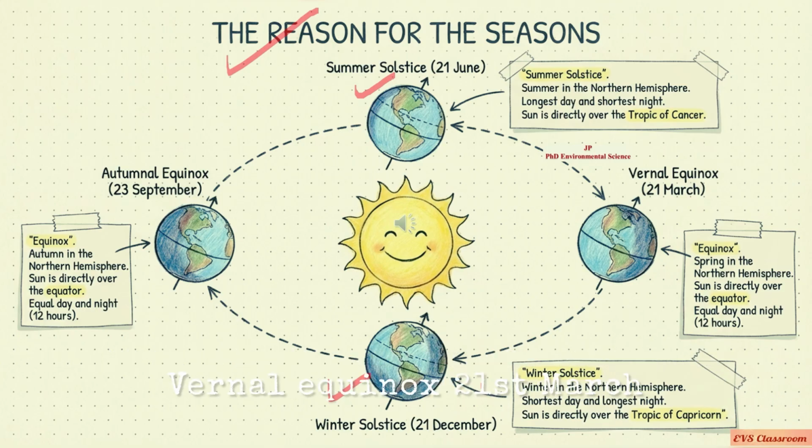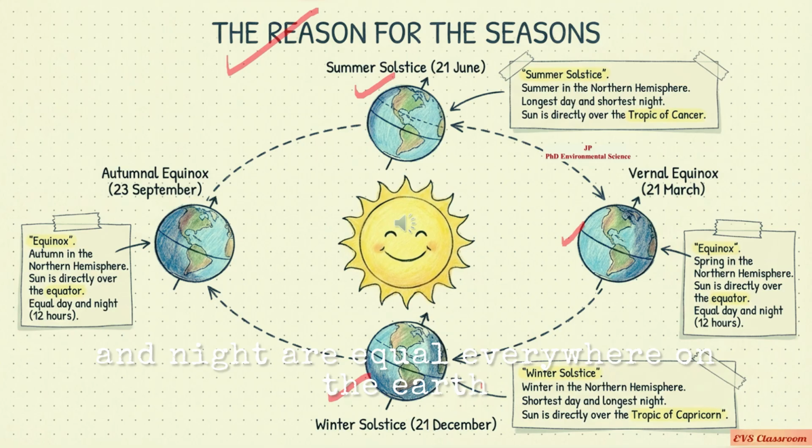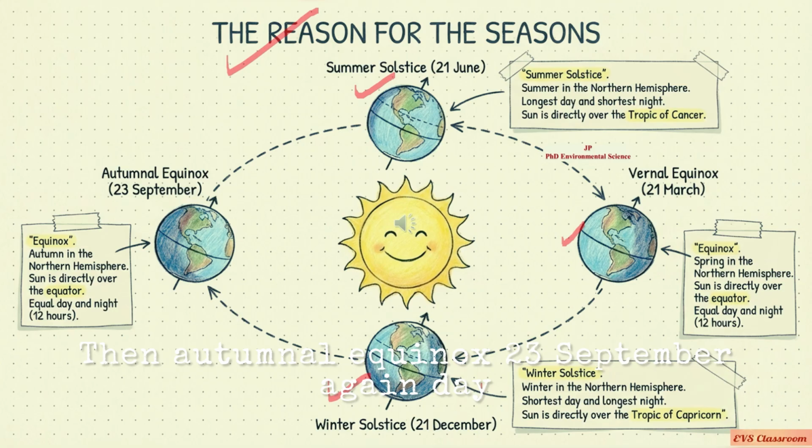Vernal equinox, 21st March. Equinox means equal night. At this time, day and night are equal everywhere on the earth. Sun's rays fall directly on the equator. So the effect would be the beginning of spring season. Then autumnal equinox, 23rd September.